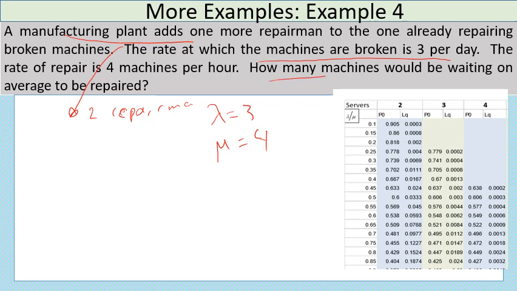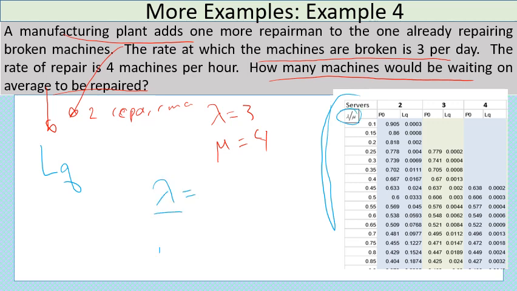And the question is asking how many machines would be waiting to be repaired. You should right away know that this is LQ. Since we have this very nice table, we can get to the answer right away. All we have to do is get the ratio of lambda to mu, which is 3/4, which is 0.75.